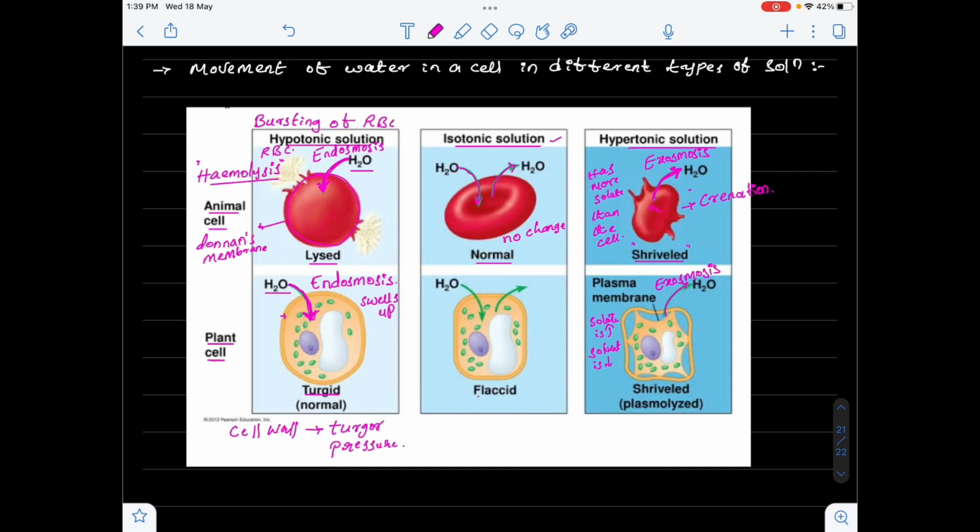It results in all the cellular contents coming closer, and the plasma membrane also moves away from the cell wall. So, here the plant cell shrinks. This shrinkage of a plant cell when it is placed in hypertonic solution is called plasmolysis.